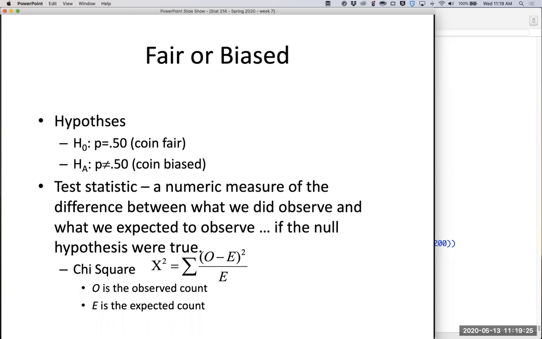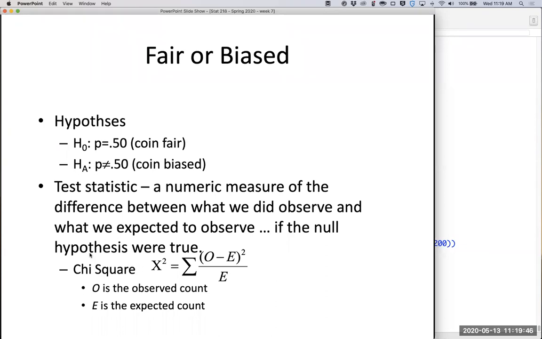Our test statistic is always a measure of how different the data are from what the null hypothesis suggests the data should be if the null were true. We actually did get 40 heads and 60 tails, but you would expect 50 and 50.